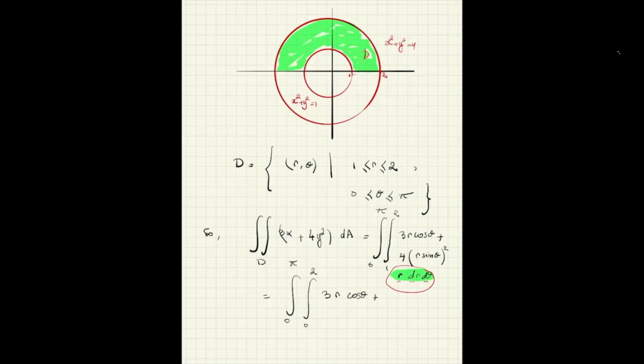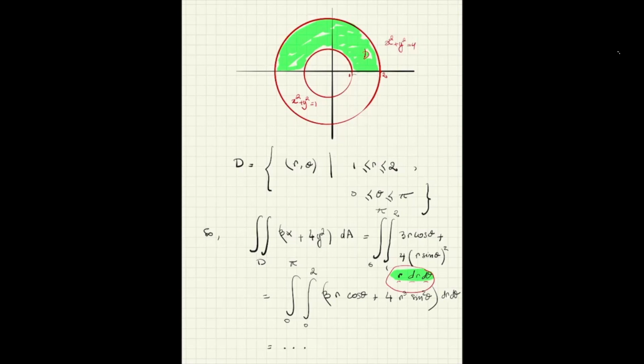Okay. Right. So it's r to the power 3 dr d theta. Okay, I'm not going to do it, we've been doing this.